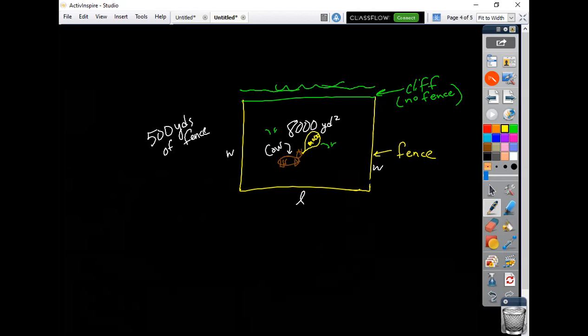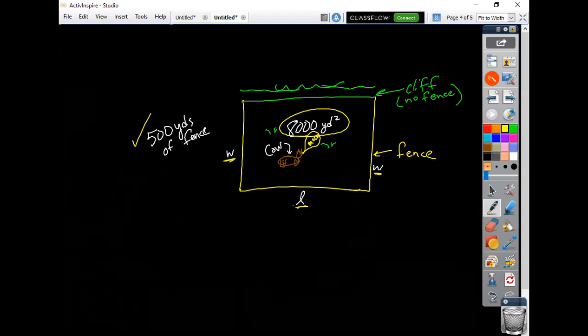So we need a rectangular pasture here. And on that pasture, the rancher wants 8,000 square yards and has 400 or 500 yards of fence to use. So how can we tell the rancher what the width and the length of this pasture should be?